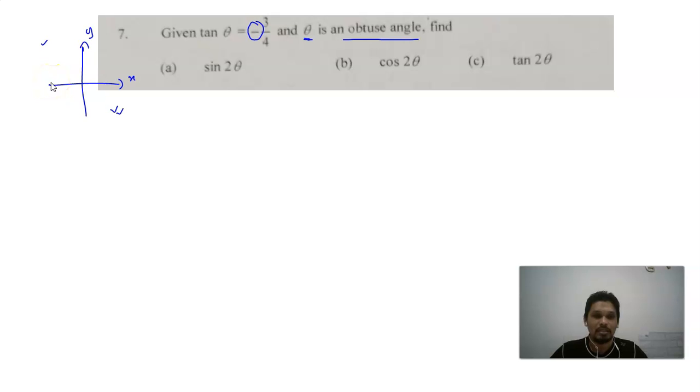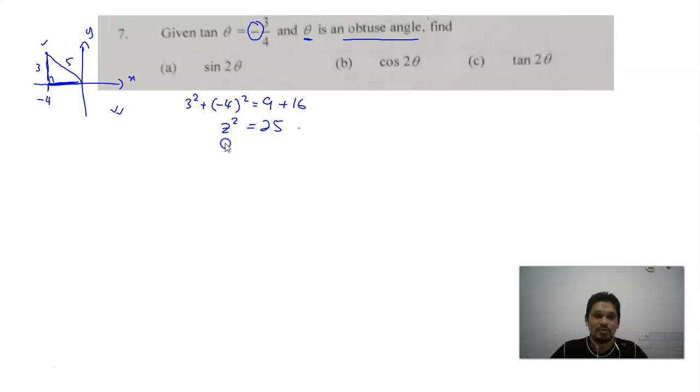So tangent theta over 4, tangent is opposite divided by adjacent here. So this is the distance of negative 4 and 3 and 5. So 3 squared plus negative 4 squared equals 9 plus 16 equals 25.